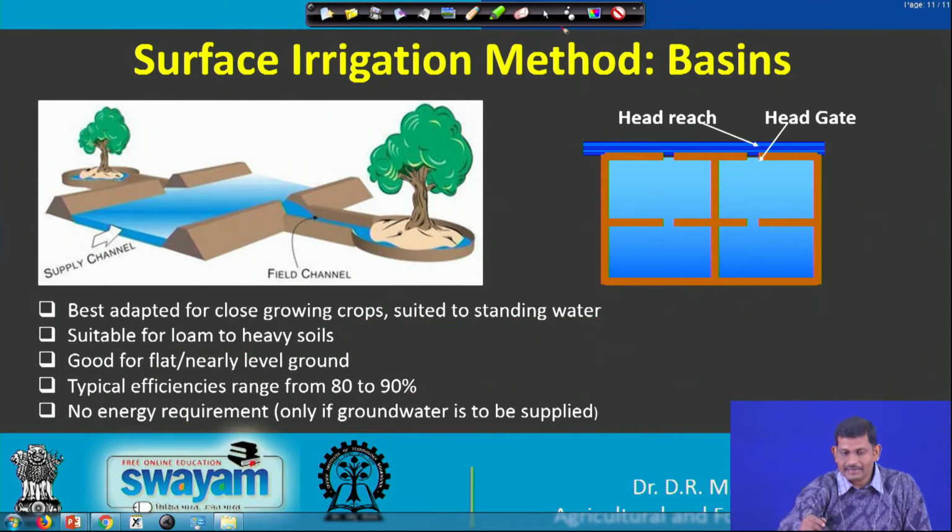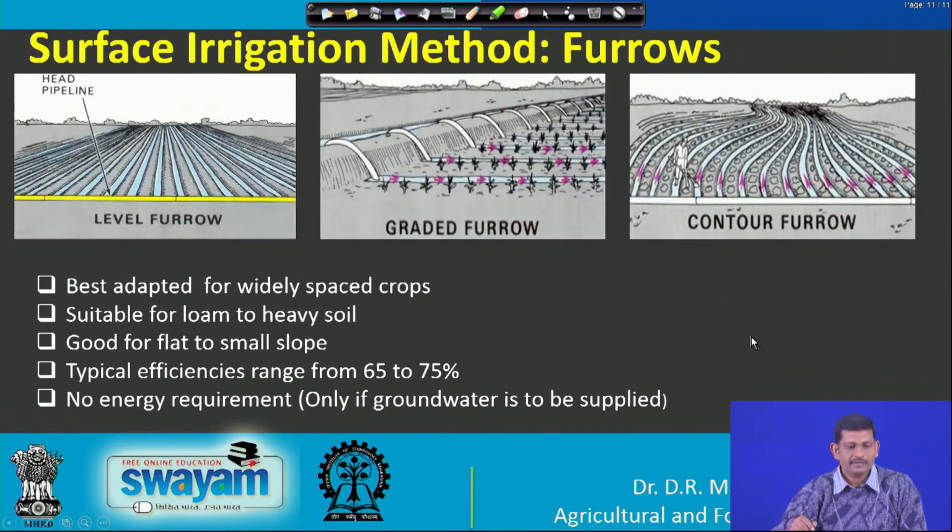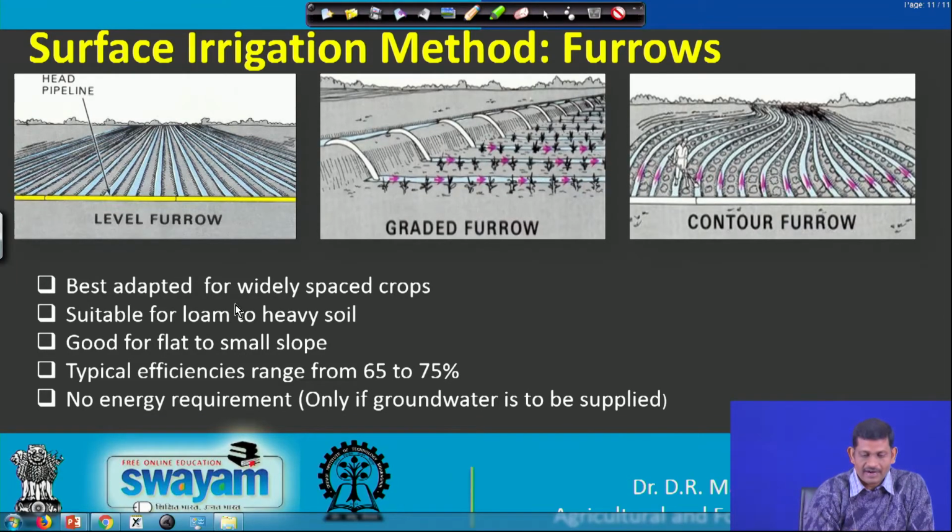Then the next is furrow irrigation. Furrow irrigation is best suited for widely spaced crops, mostly row crops, and for loam to heavy soils, and good for flat and small slopes. It requires some slope because furrow irrigation consists of different channels, like the field is divided into open channels, and the water will be conveyed through the channels.